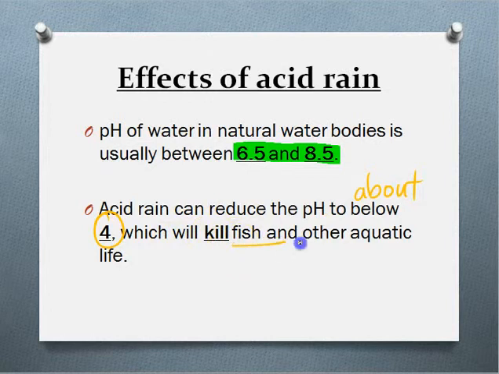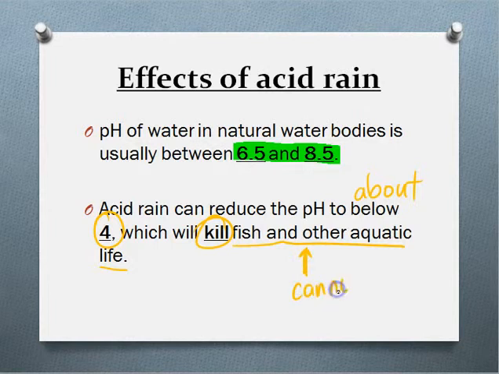And then your fish and other aquatic life will die, because the water becomes acidic and they cannot live in it. So this is one of the key damages of acid rain.